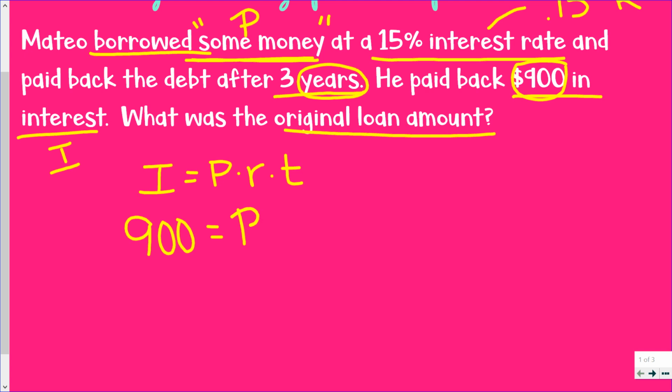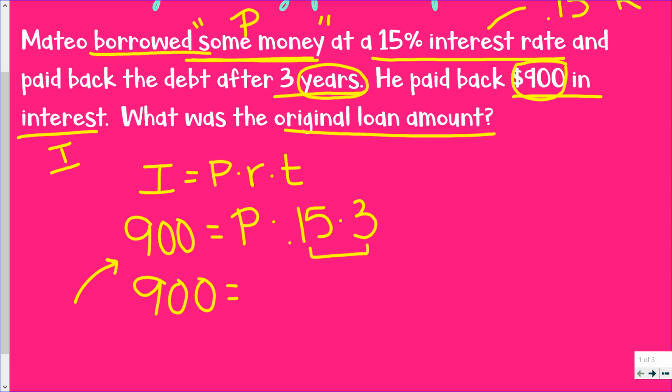So we'll leave that as P. Our rate is 15% or 0.15, and our time is 3 years. So since there's nothing on this side of the formula, we're just going to leave that alone. 900 equals, well, P times 0.15 times 3. Well, P is again a variable. We're trying to figure that out.